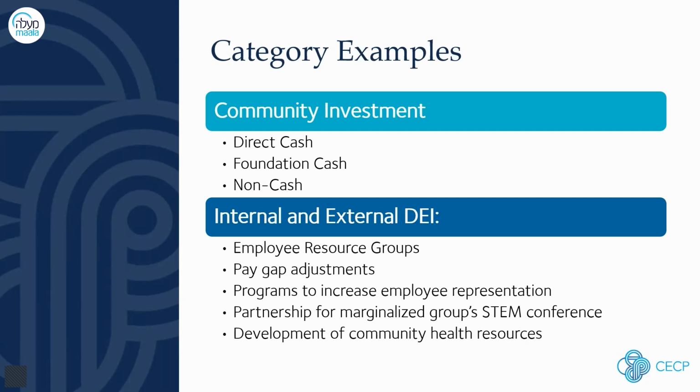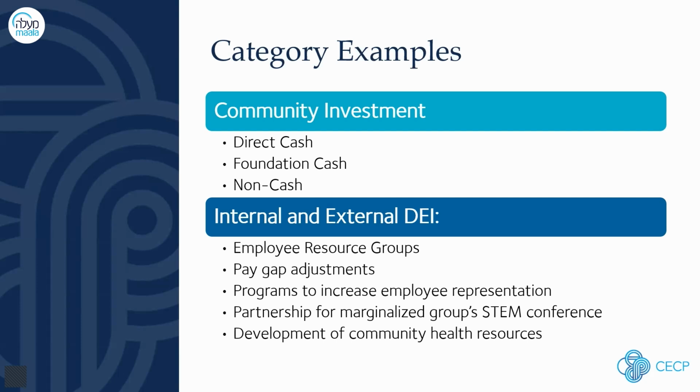Internal and external DEI, inclusion, belonging: employee resource groups, where people of a shared identity and experience can support one another and be supported by the company. Pay gap adjustments, if you did a pay gap study and found that there are certain groups of people who were paid less than others, and any kind of pay adjustments that you made accordingly. Any programs where you intentionally seek diversely experienced people to become employees.